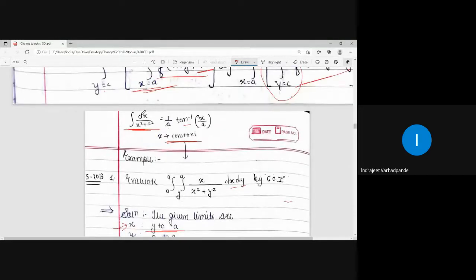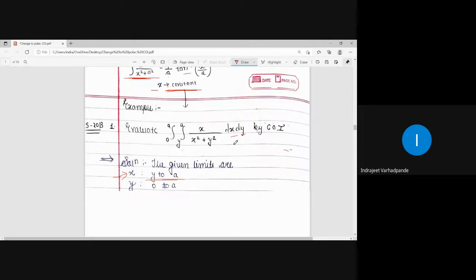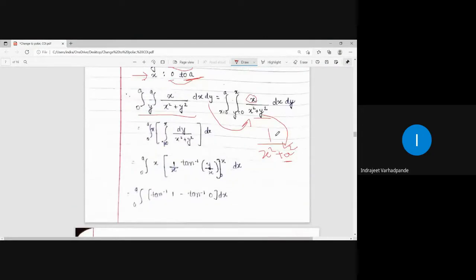Whenever you have integral dx upon x square plus a square, it is 1 by a tan inverse of x by a. X is constant in our case, so it will be 1 upon y square plus x square into 1 by x, because a is nothing but your x. So x is kept outside. Integration of dy upon x square plus y square is 1 by x tan inverse of y by x.